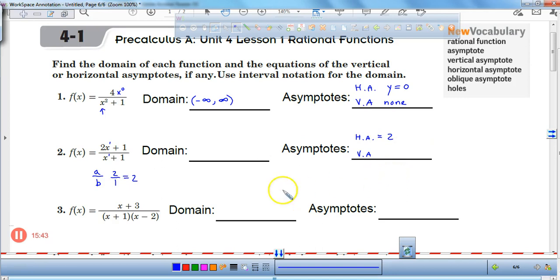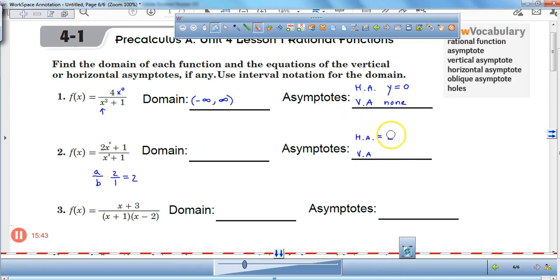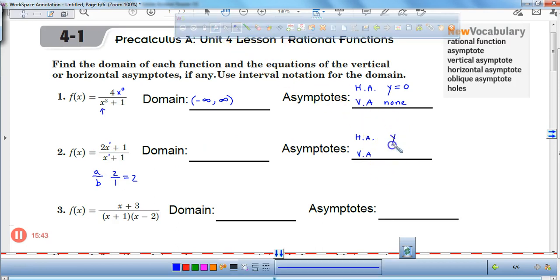But we also have a vertical asymptote. The reason we have a vertical asymptote is because there's a number I can plug in here to make it equal 0. And that number is, I apologize, I should put y equals 2. And our vertical asymptote is at x equals negative 1. All right, so negative 1 plus 1 is 0.